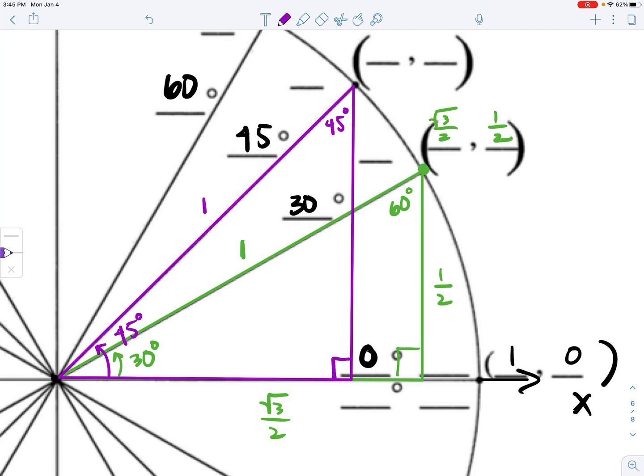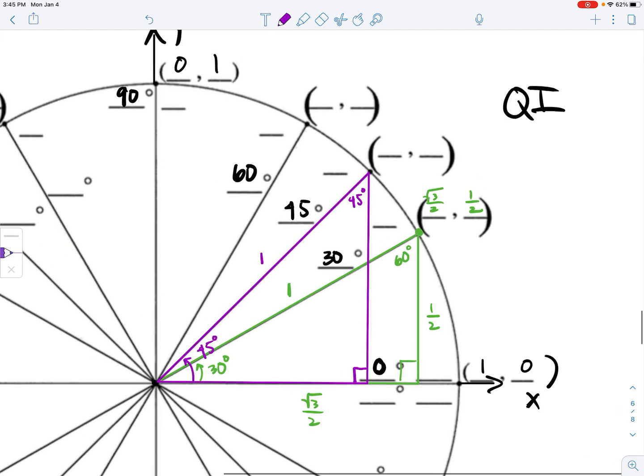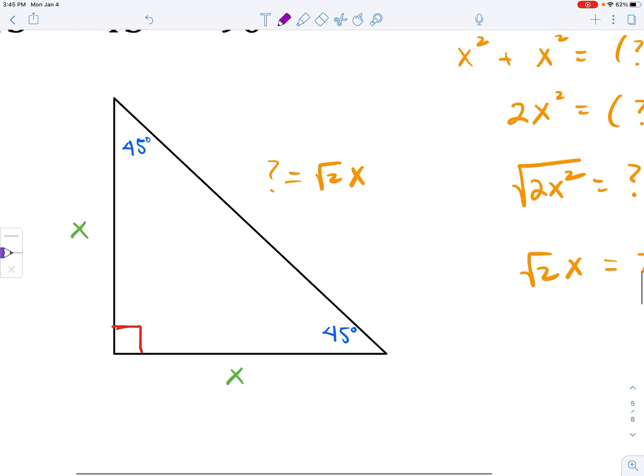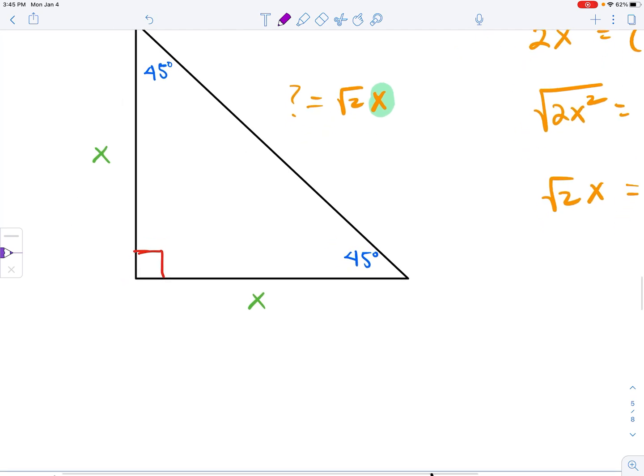This angle is also 45 degrees. The hypotenuse would have to be equal to 1. So we need to figure out what the legs would be if the hypotenuse is equal to 1. Well, to make the hypotenuse equal to 1, x would have to be 1/√2, which would make each of these legs 1 over root 2.